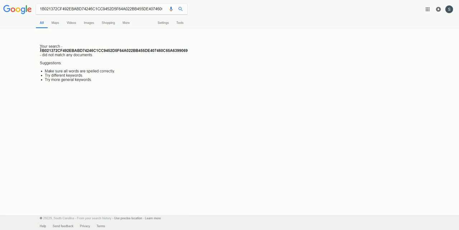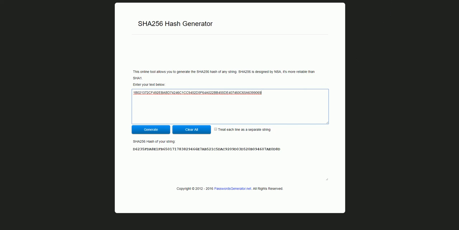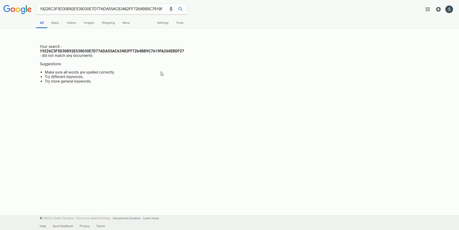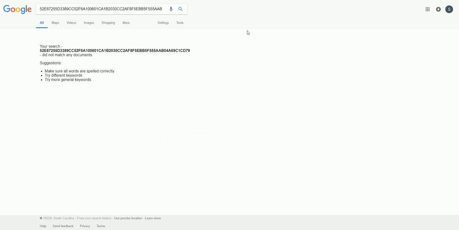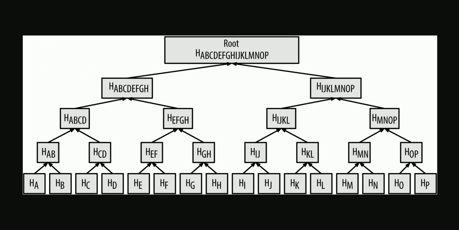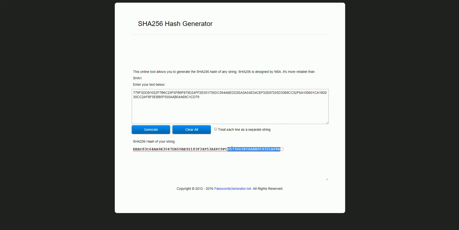Now let's go ahead and combine our hashes for transactions C and D. And here we have our unique hash for transactions C and D together. Let's go ahead and combine that with the hash for transactions AB. And as you can see, here we have our Merkle root for the 4 transactions.